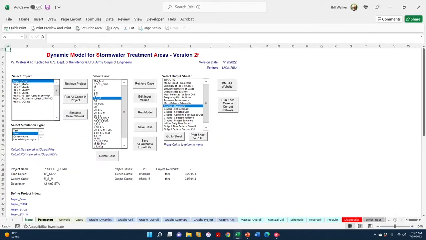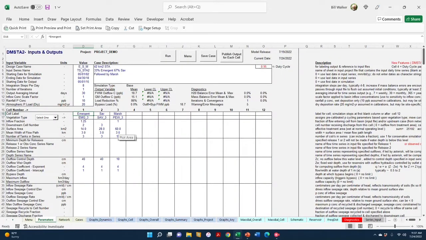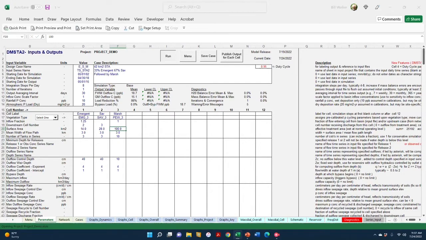So if you wanted to, for example, look further down in the marsh, then we would just add more area. Let's say 100.